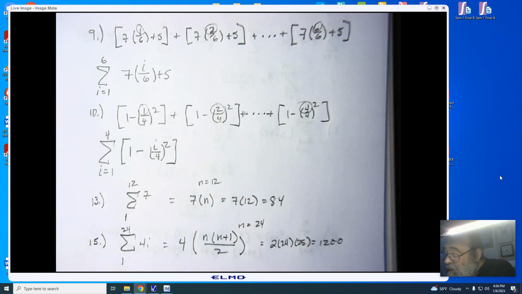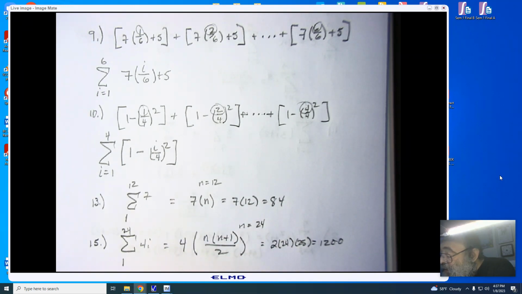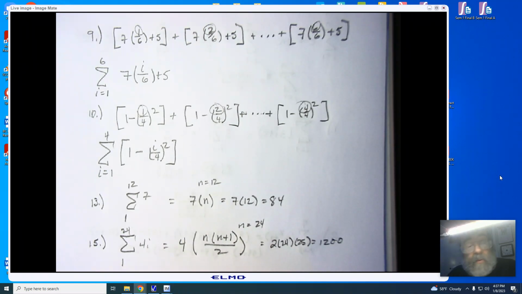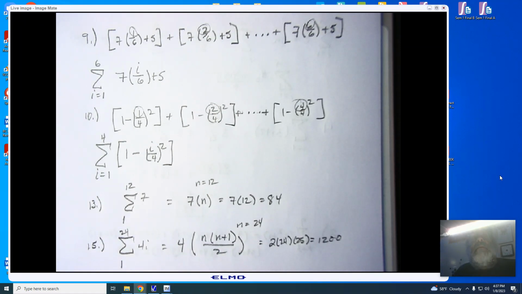But if n is 20, then right here, this was i minus 1. So I'm going to put 19 in, then 20, and then 19 times 2 is 38 plus 1 makes 39, divided by 6. That's what I'm going to work with in order to find my answer for number 17, and that's 2,470. And that's my answer for 17.